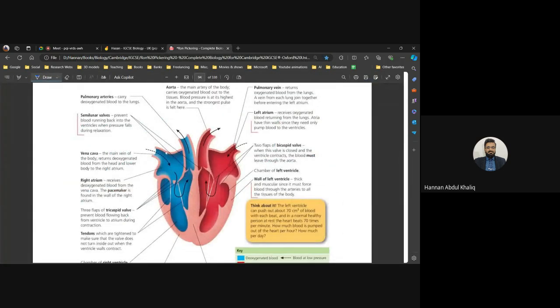Now, it is a very big misconception that the blood becomes blue when it has less oxygen, and the blood becomes red when it is oxygenated. It is totally wrong. The blood gets dark red when it is deoxygenated, and it gets brighter red when it is oxygenated.